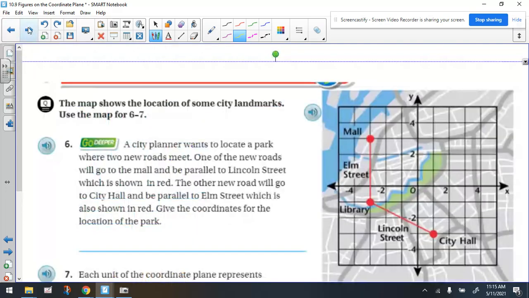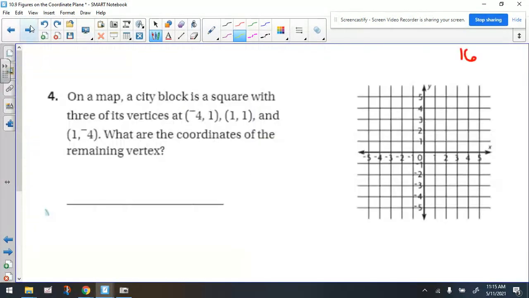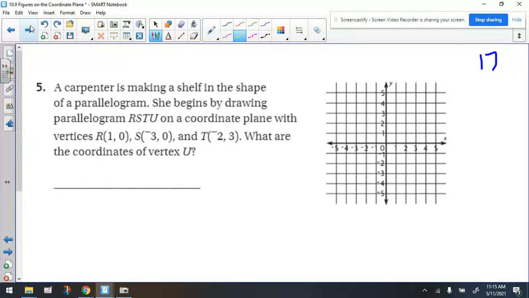All right, let's skip over to slide number, let's see which one. Let's do number 17. So this is slide number 17 on your Jamboard. It says, a carpenter is making a shelf in the shape of a parallelogram. She begins by drawing parallelogram RSTU on a coordinate plane with the vertices.